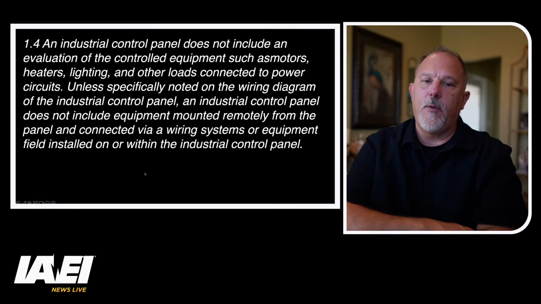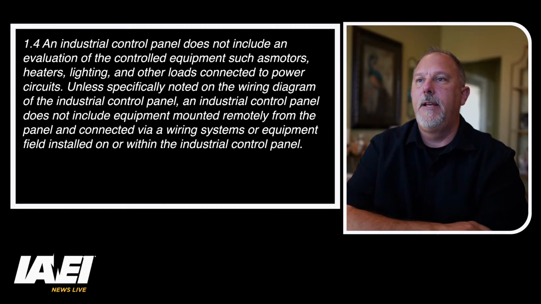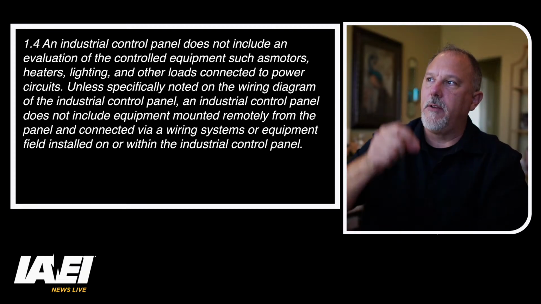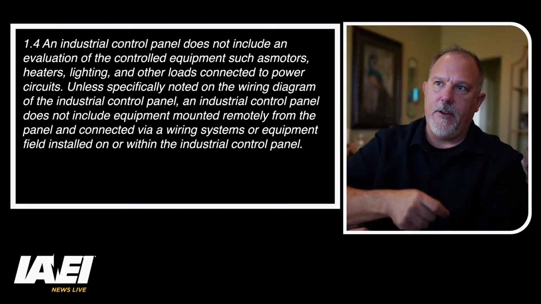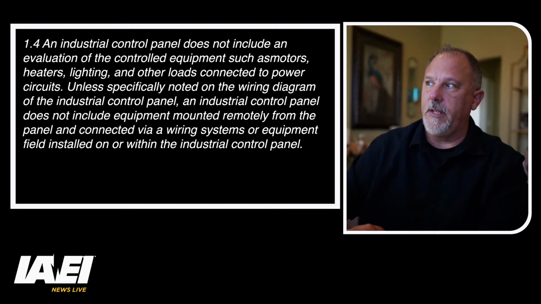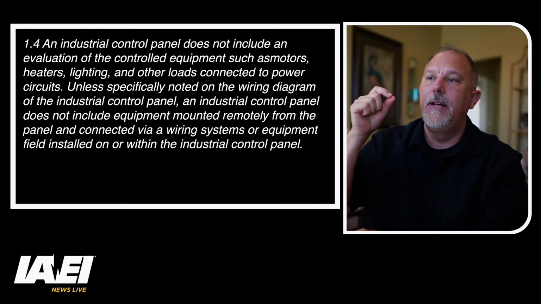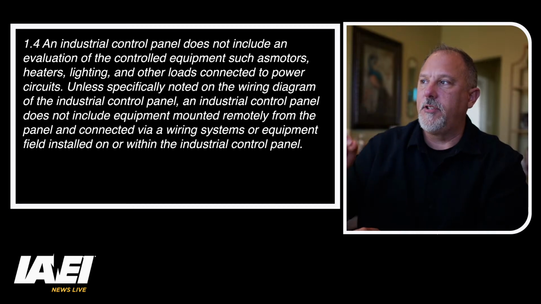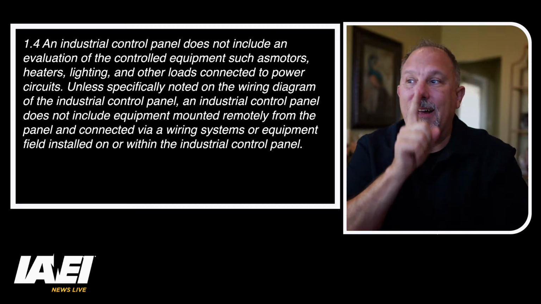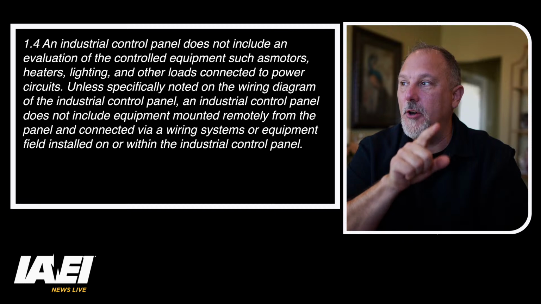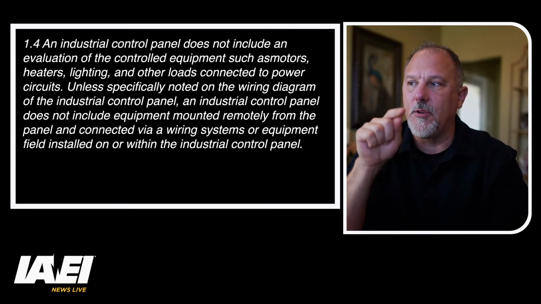All right, so here's what 1.4 says. An industrial control panel does not include an evaluation of the controlled equipment, such as motors, heaters, lighting, and other loads connected to power circuits, unless specifically noted on the wiring diagram of the industrial control panel.